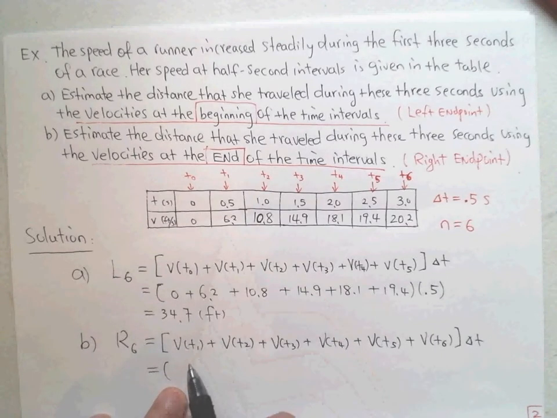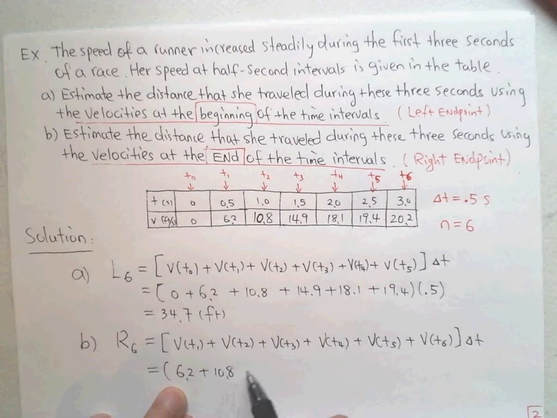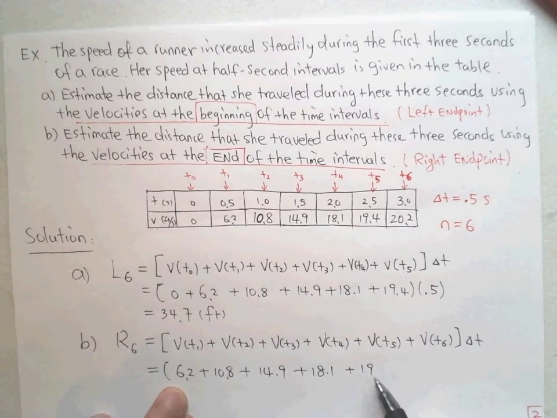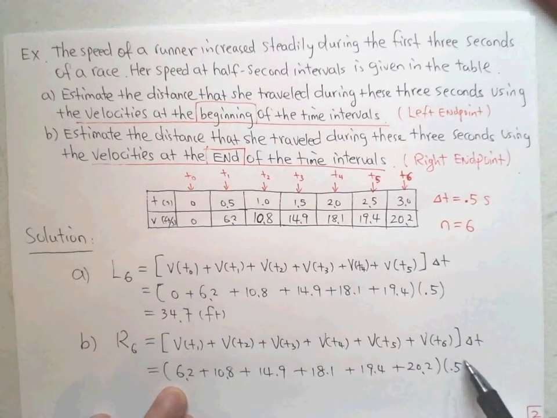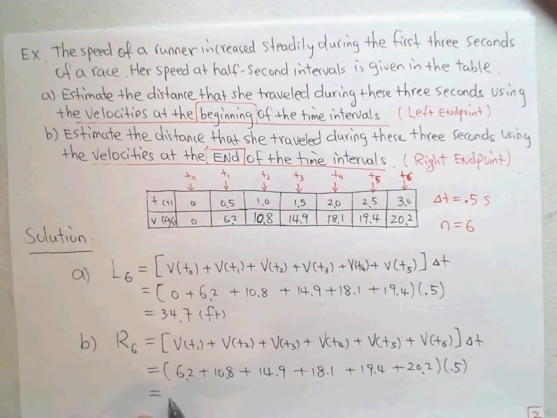So we add 6.2, 10.8, 14.9, 18.1, 19.4, the last 20.2, times 0.5. Do the calculation. What's the answer? I find it's 44.8.